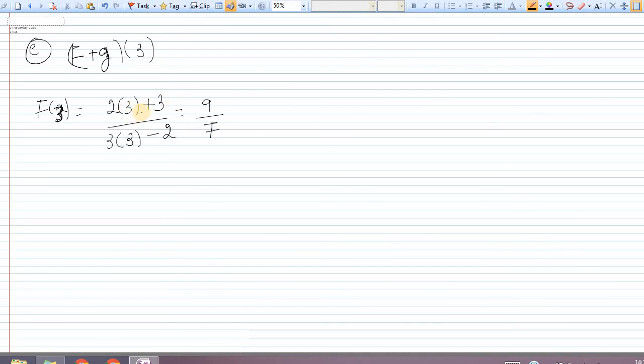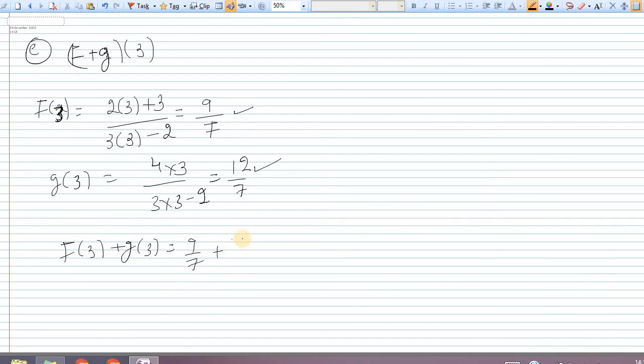Am I right or am I doing something wrong? No, I'm good. So g(3) is equal to 4·3/(3·3-2), so it would be 12/7. So our f(3) is this and g(3) is this. Now we will add both of these. f(3)+g(3) is equal to 9/7 + 12/7. So it would be 19/7.